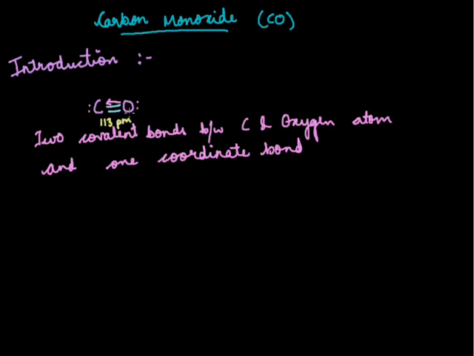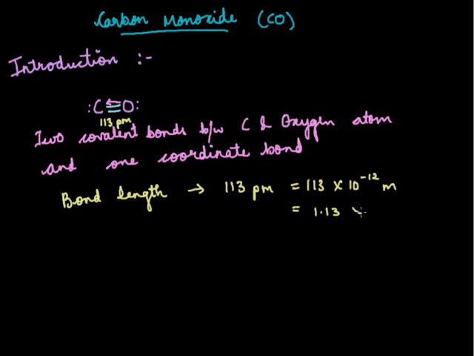In terms of meters, 113 picometer equals 113 into 10 to the power minus 12 meters, or I can write it as 1.13 into 10 to the power minus 10 meters. That will be equal to 1.13 angstrom. So this is the bond length of carbon and oxygen in carbon monoxide.